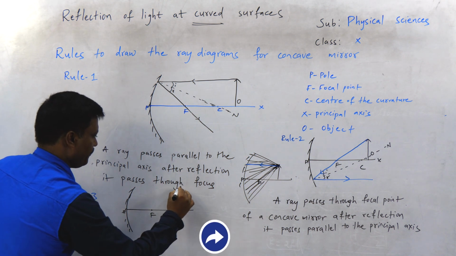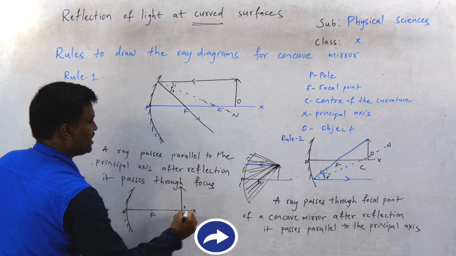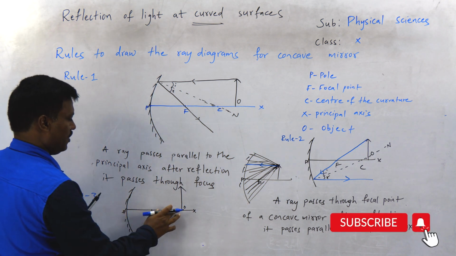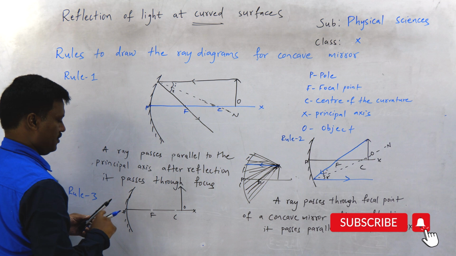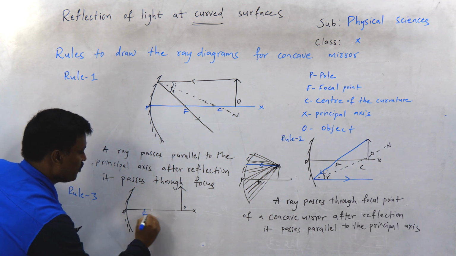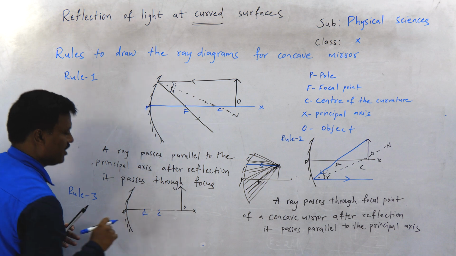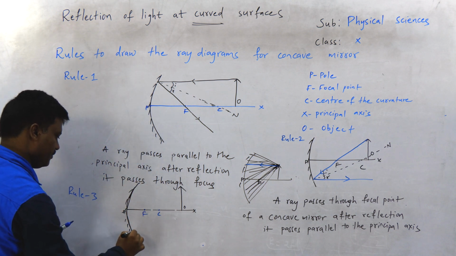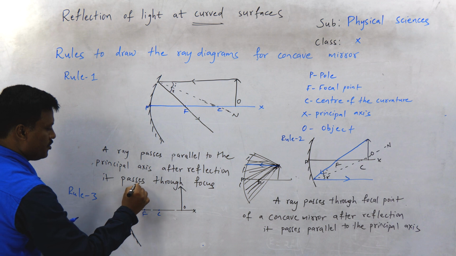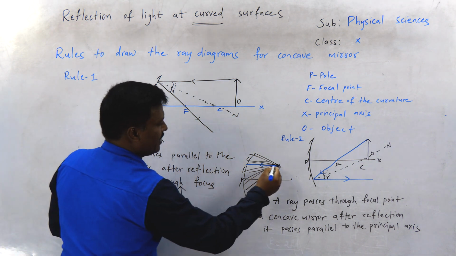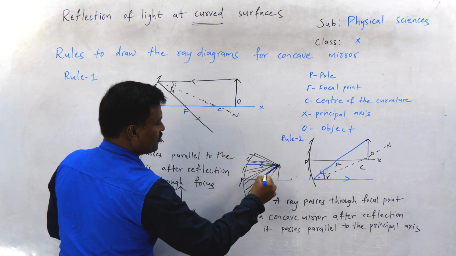See, now the object is placed here. This is focus, this is the center of curvature, let's say. Now previously we have taken a ray passing parallel, and a ray passing through focus.